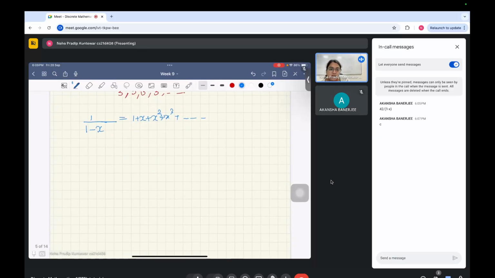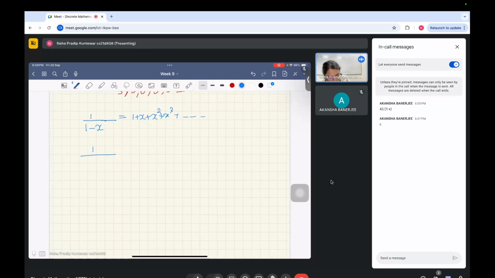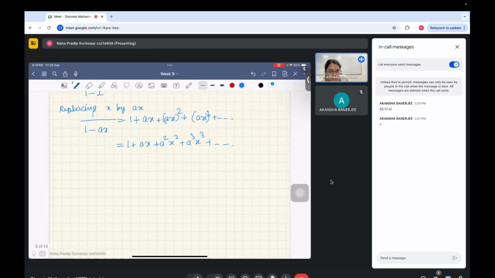And now let's say you replace x with ax, then what you get is 1 over 1 minus ax is 1 plus ax whole squared plus ax whole cube and so on, and that is 1 plus ax plus a squared x squared plus a cube x cube and so on. So essentially you're generating the sequence a to the 0, a to the 1, a to the 2, a to the 3 and so on.